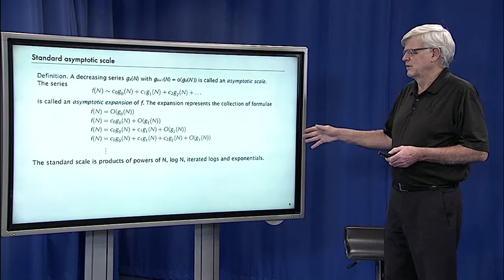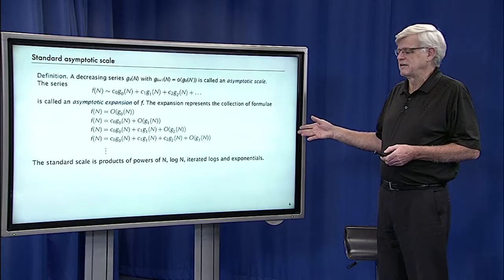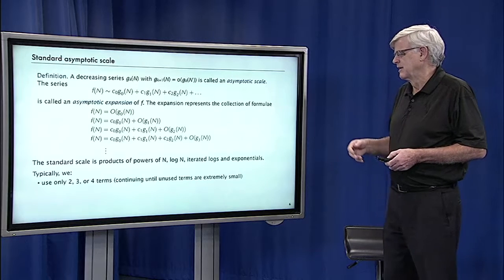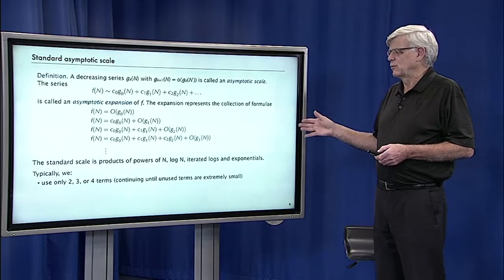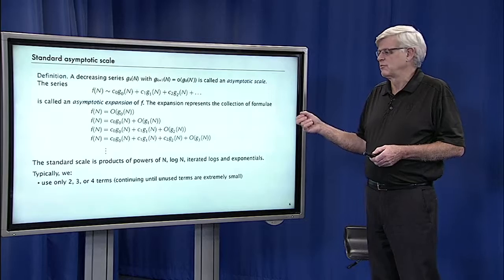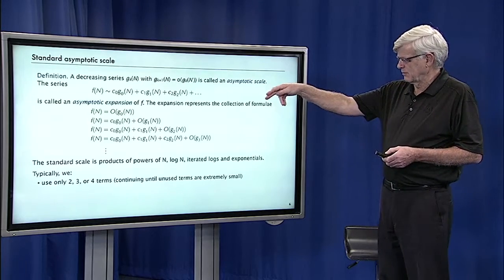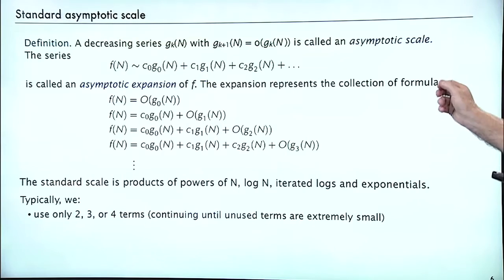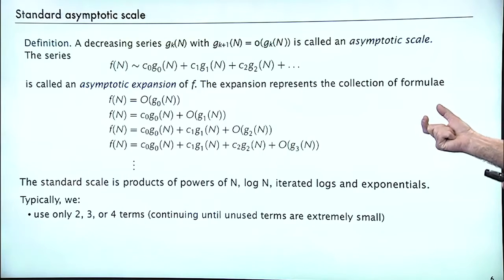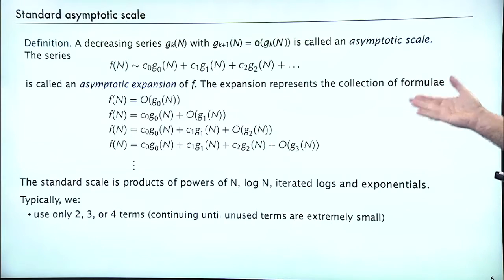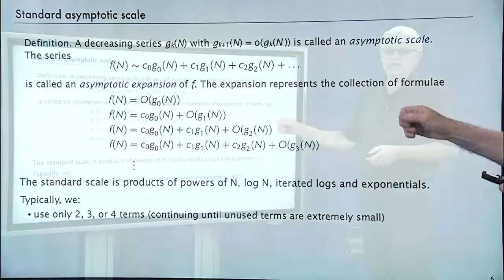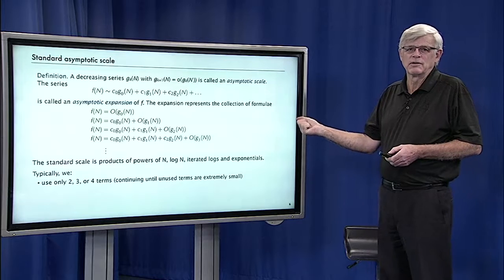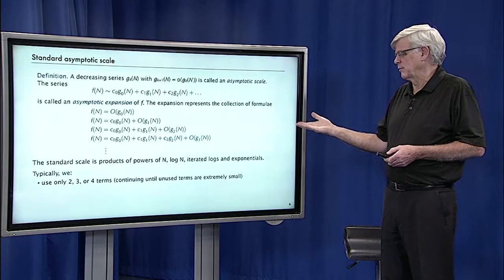It's not necessary to give a detailed definition of this. So typically what happens is we only use a few terms, maybe 2, 3, or 4 terms, the second or third or fourth equation from this. When the unused terms are extremely small, that's when we stop. Because we have the big O estimate that says we're within a constant of that unused term and it's extremely small relatively, that's when we stop.